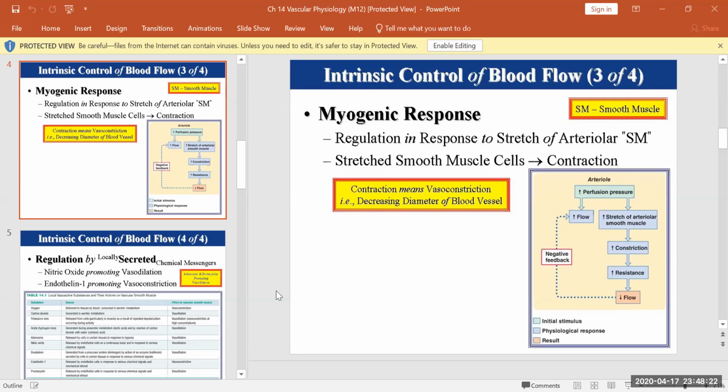Whenever the smooth muscle wall in the blood vessel is distended, stretched out, the smooth muscle will respond by constricting, decreasing the diameter of that particular blood vessel. This is called the myogenic response. SM up here is for smooth muscle. Okay, so that's the third mechanism.